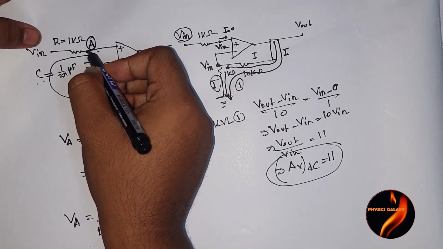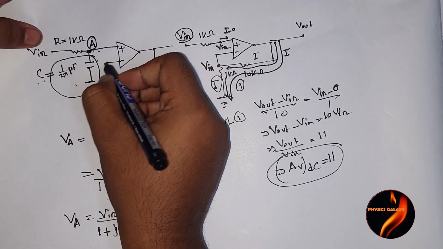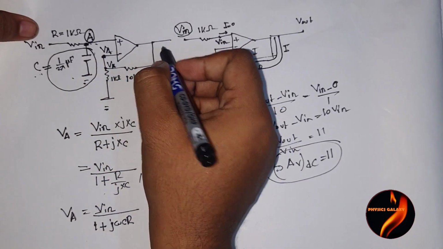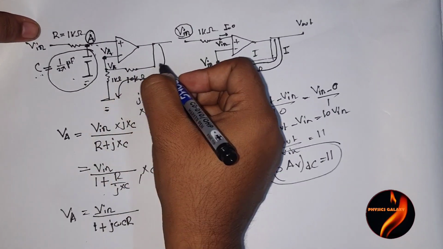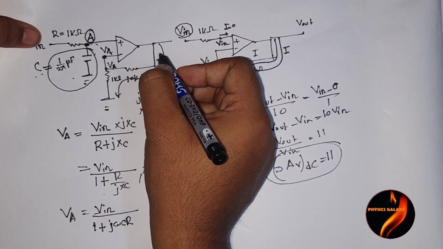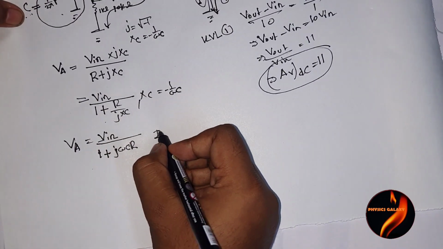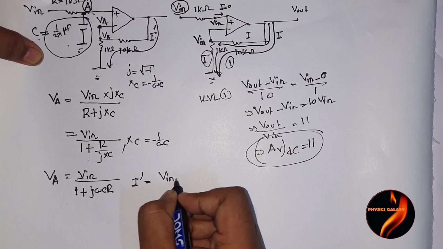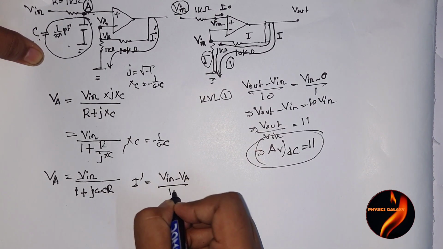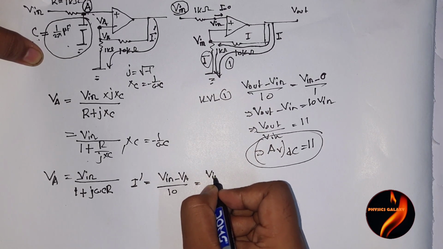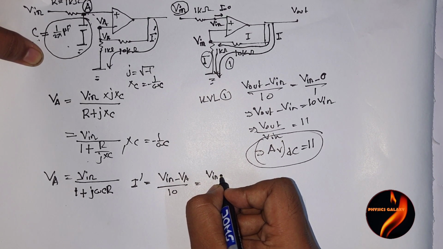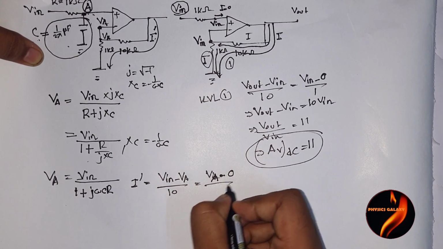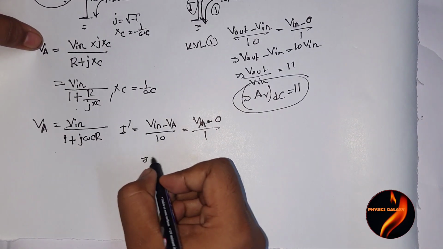So if the potential at point A is this one, this potential will also be equal to VA. So the current through this circuit, let us denote it by I prime. So I prime will be equal to V in minus VA divided by 10, equal to VA minus 0 divided by 1.